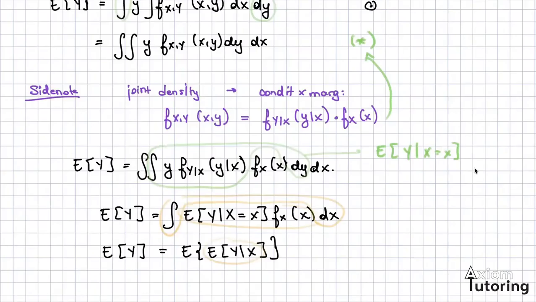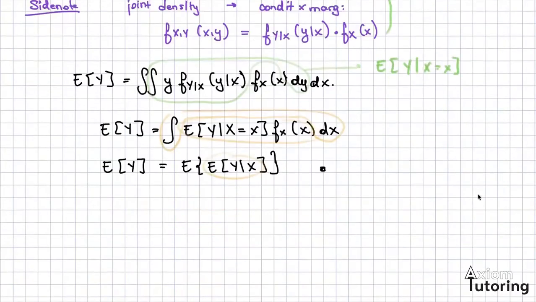This basically concludes the algebraic proof, but keep in mind that we are telling the same story as we were telling with the discrete case, which means if we have each small slice of x, it's going to have its own average y. This is going to give us, again, the expectation of y conditional on x.